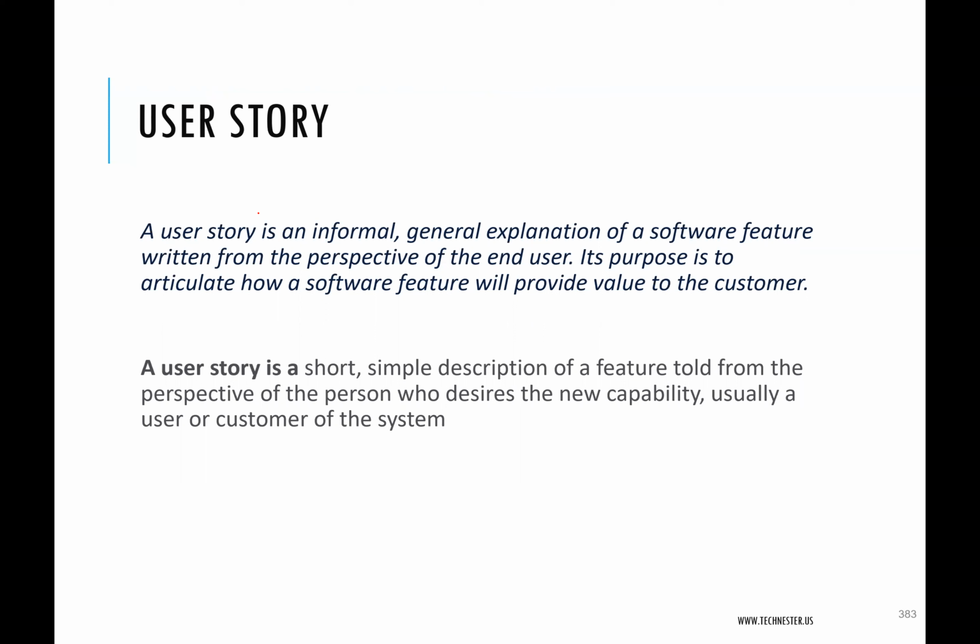Its purpose is to articulate how a software feature will provide value to the customer. A user story is a short description of a functional requirement written from the perspective of the user.